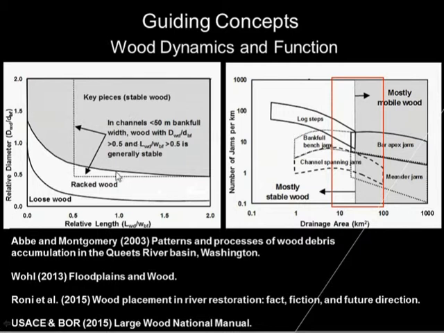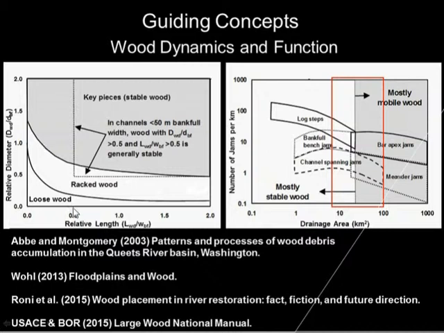These 2 graphs were prepared by Roney from work that Montgomery and Abbey did in the Queets. The graph on the left shows wood that is longer than bankfull width, the relative length, and relative diameter, which is the diameter of the wood to the bankfull depth.